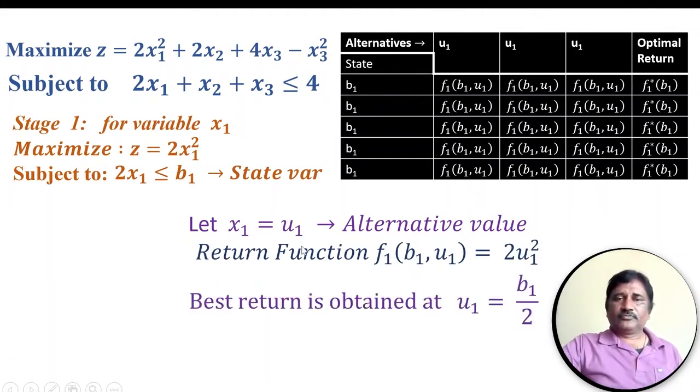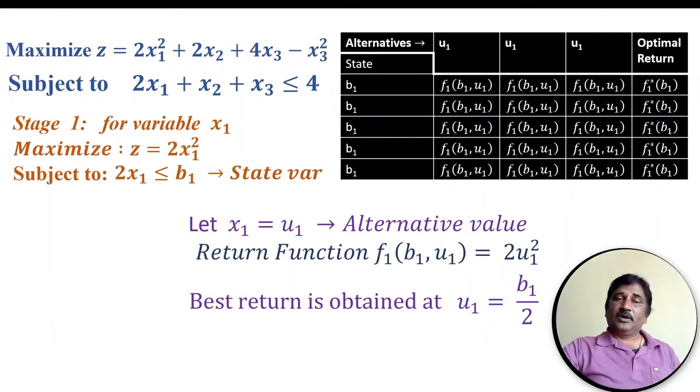Now, we will be getting the best return. As we look at the problem, we see that as we go on taking various values of x1 in the form of u1, the value of the return function, the objective function, goes on increasing because it is 2u1 square. Now the question is, how long can the value of x1 be increased?